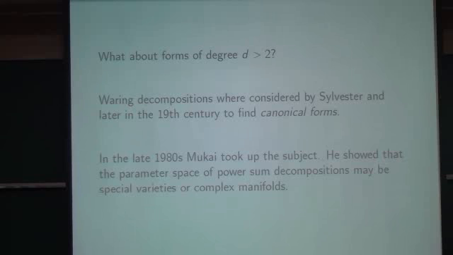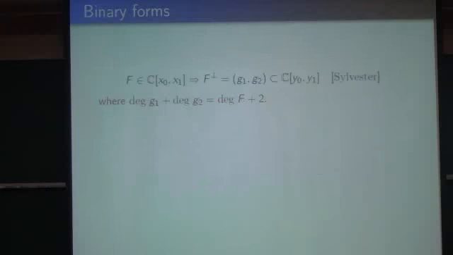And as we just saw with conics or quadrics, you get a nice big set of different decompositions. But let's see what happens for a higher degree, what the results are.